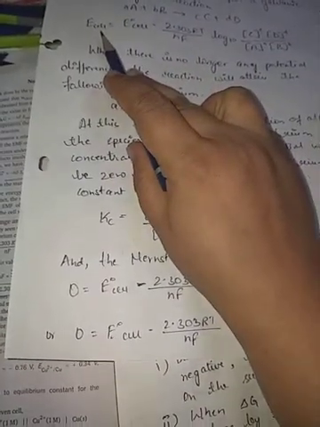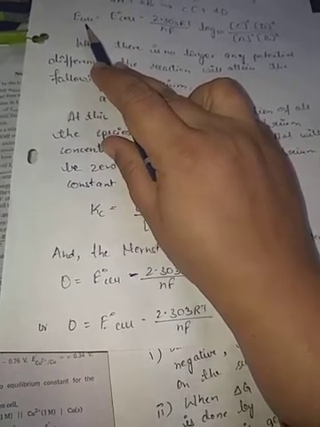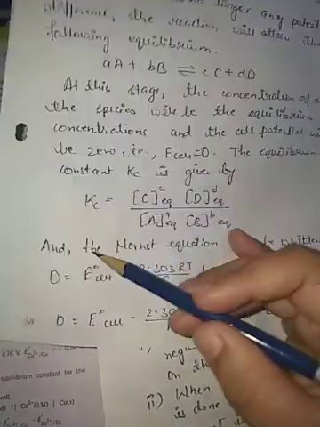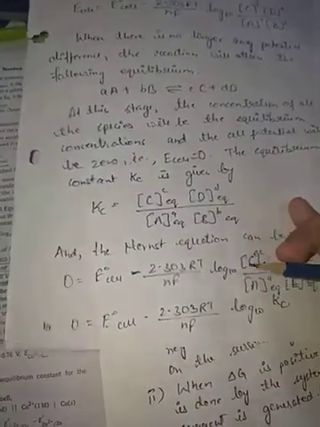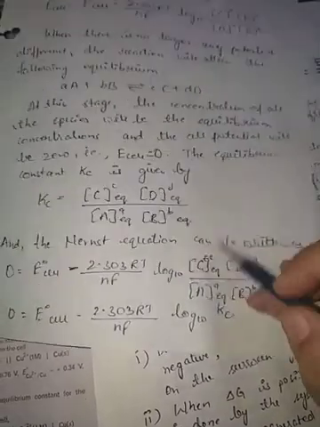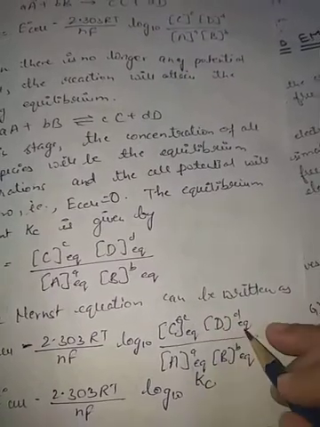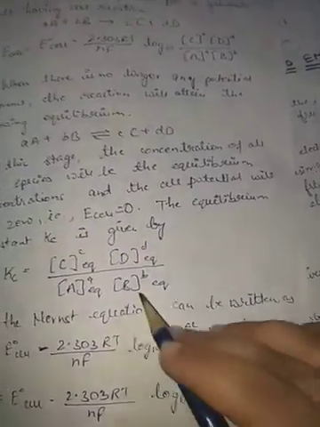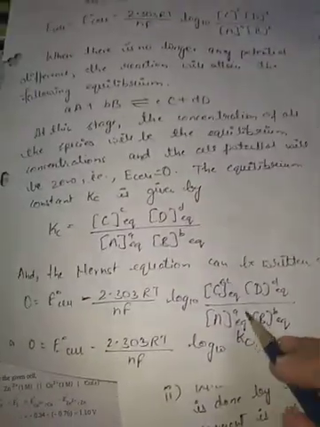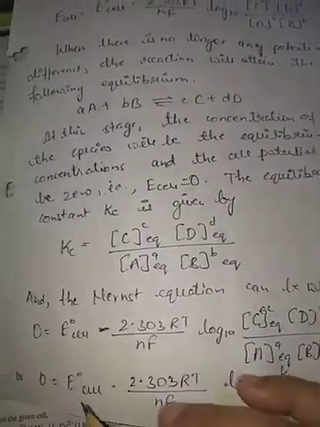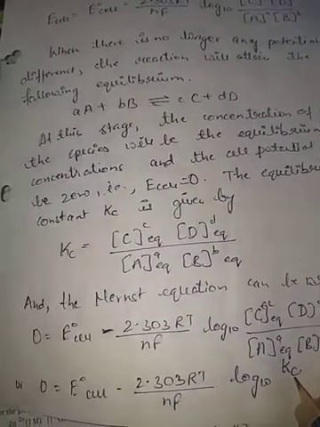Because no electron is flowing, the reaction is at equilibrium, so E cell of the reaction is zero. 0 equals E naught cell minus 2.303 RT log base 10, and here, because equilibrium has been attained, we write the equilibrium concentrations. We know that this is equal to the equilibrium constant Kc. So in place of this we write Kc: 0 equals E naught cell minus 2.303 RT upon nF log base 10 Kc.